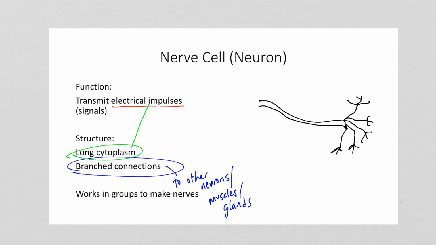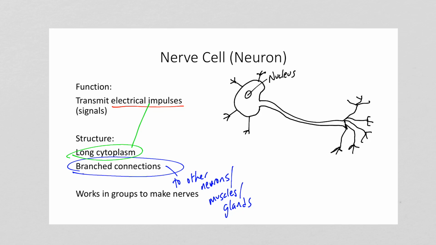And then at the top here you have the cell body with the nucleus, and then these other attachments coming off that can form connections known as synapses with other neurons. So that is a nerve cell. Those are the three you need to know according to AQA for Unit B1.